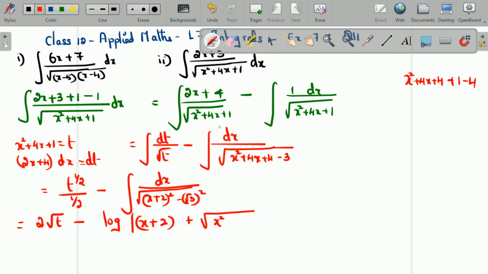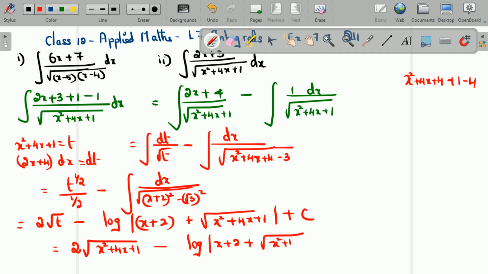On simplification, it will be the original expression only, so I am writing it directly, x square plus 4x plus 1, plus c. Now let's put back the value of t. So 2 into root of x square plus 4x plus 1 minus log of (x plus 2 plus root of x square plus 4x plus 1) plus c.